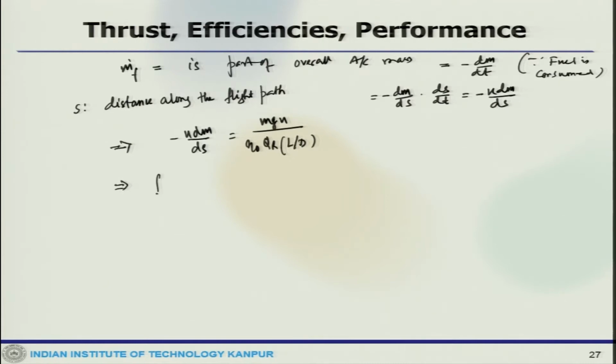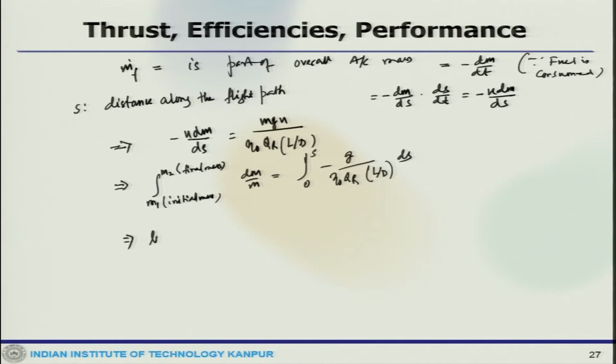Now, if we integrate from m1, the initial mass, to m2, the final mass, dm by m equals integral from 0 to S of g by eta naught Q R L by D ds.